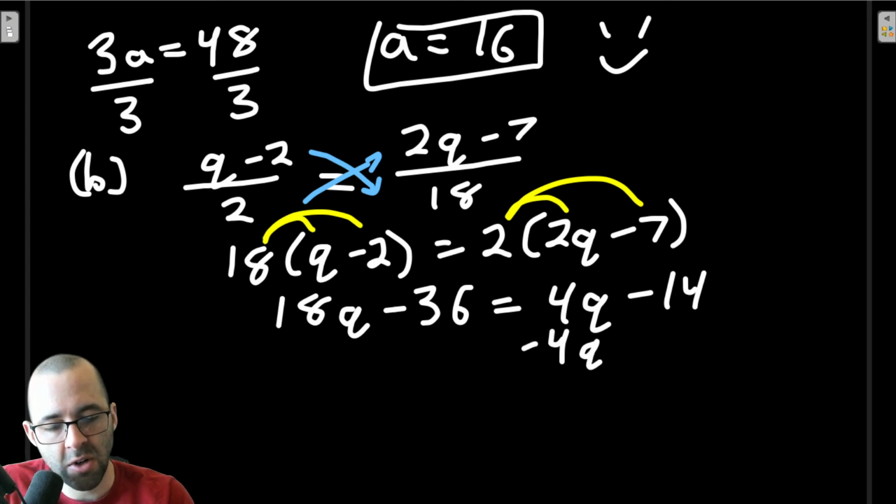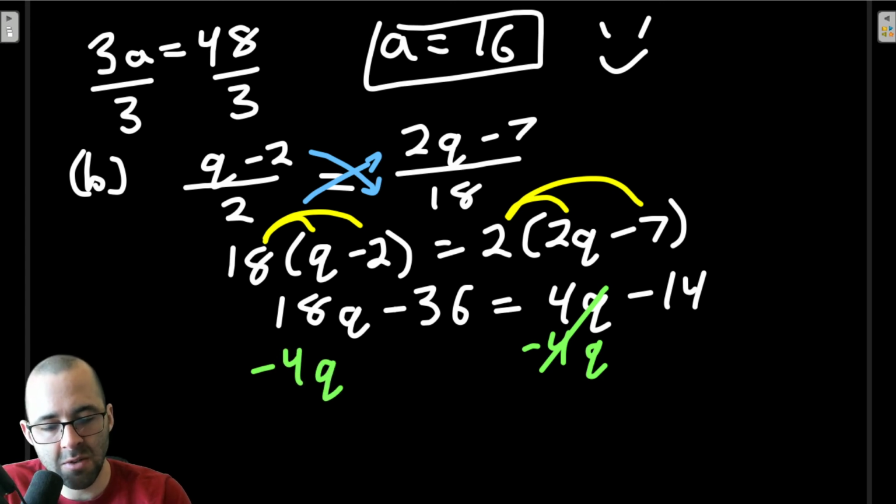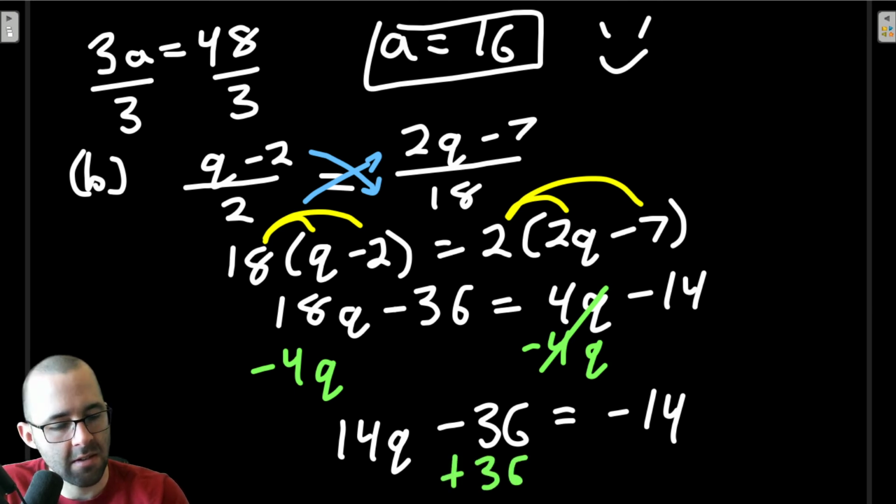So let's subtract a 4q over here. They cancel out. Let's subtract a 4q over here. 18q minus 4q is going to be 14q minus 36 equals negative 14. And now we will have to add 36 to both sides. Yeah, I'm liking this color.